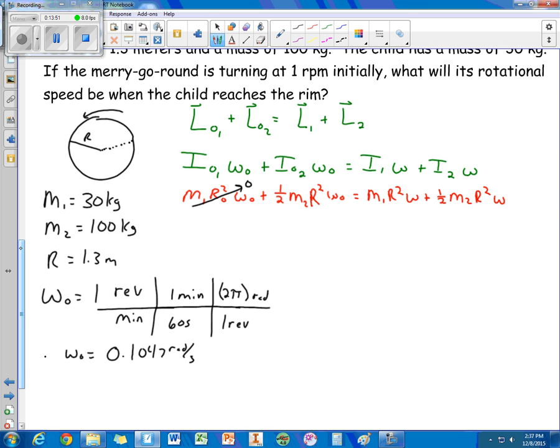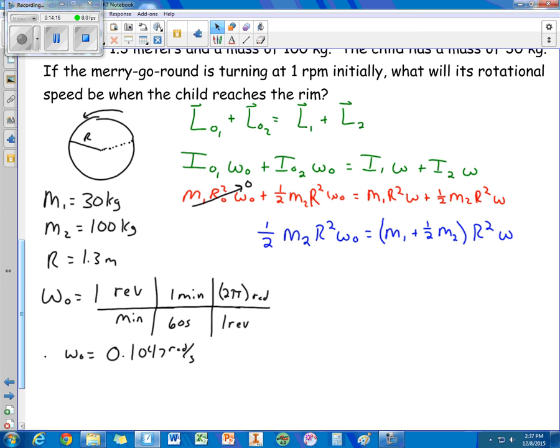All right, so what we're left with then, and I can factor some stuff out on this side. And it looks like I can also cancel out the radius of the merry-go-round. All right, so finishing up our algebra then.